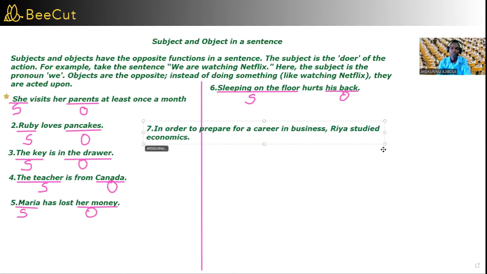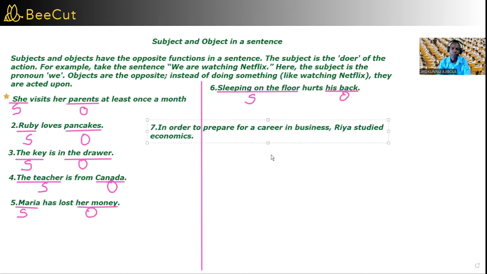Can you see this sentence? Yes, sir. Read the sentence and let me hear it. In order to prepare for a career in business, Ria studied economics. Okay, so what is the subject now? I said Ria studied economics. So Ria is the subject, while what she studied is the object. So this is subject and this is object of this sentence.